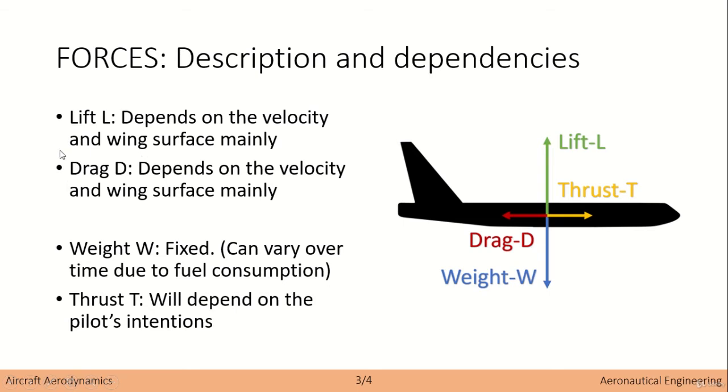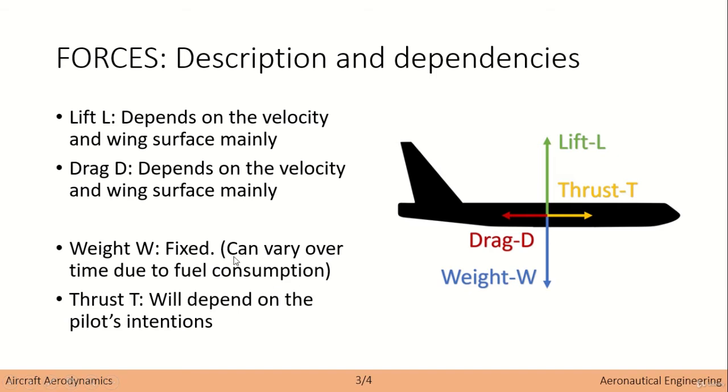Also, there is of course a drag which is related to the whole geometry of the spacecraft itself, and this depends on the velocity also. What else? The weight, which I mentioned as W, is fixed. The idea is that the weight is just a variable that you will have in any condition.